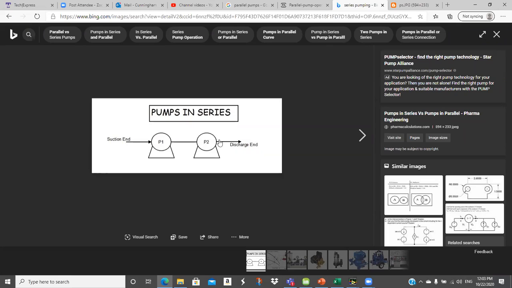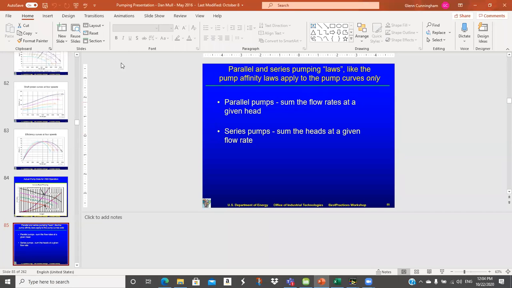So it boosts pressure a certain amount, and you can have any number of these in series. Basically, you get a pressure boost for the same flow every time you go through in series. Okay. So now that we got some pictures of that out there, let's go back to this.